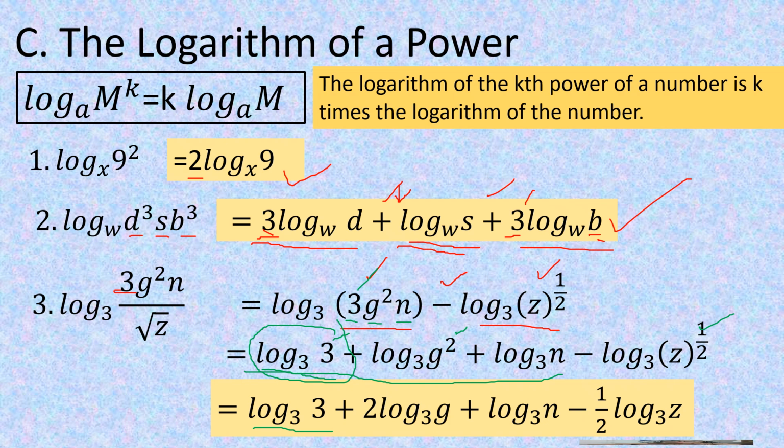And since the g has a power of 2, we will be isolating the 2 and writing it before the logarithm of g to the base 3. And then rewriting this, because the n has no power at all except that imaginary one, we just simply rewrite it. And since the log of z to the 1/2 is a power, we will be writing it before the logarithm of z. So 1 minus 1/2 log of z to the base 3.